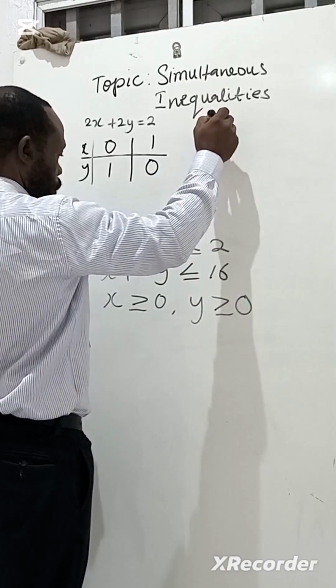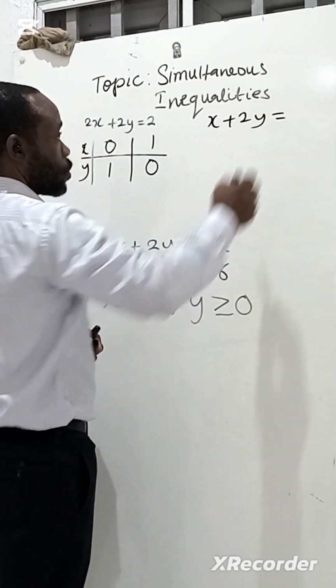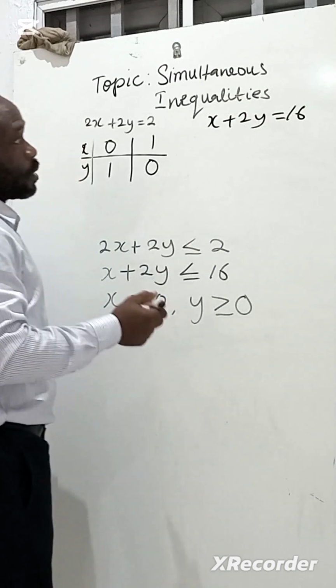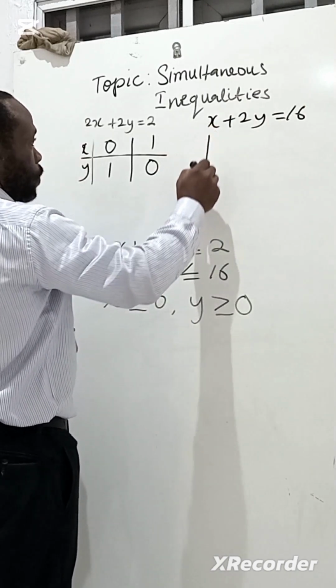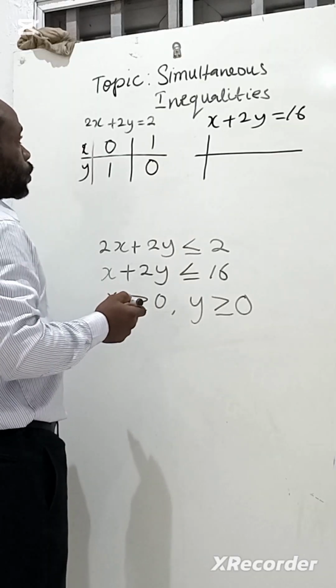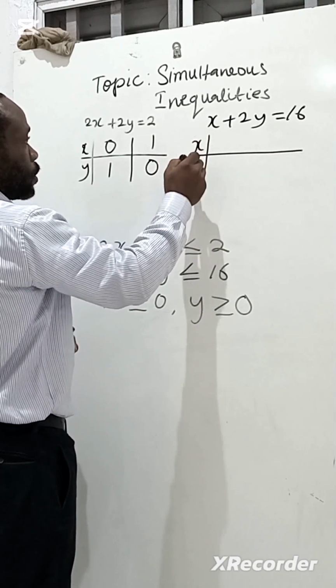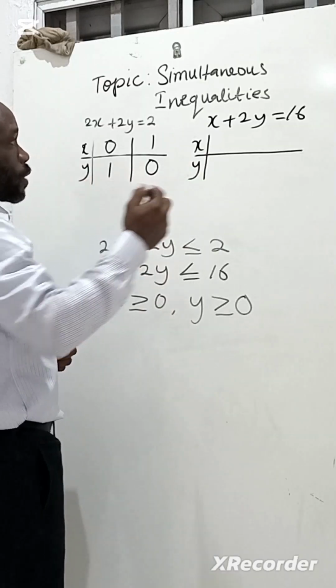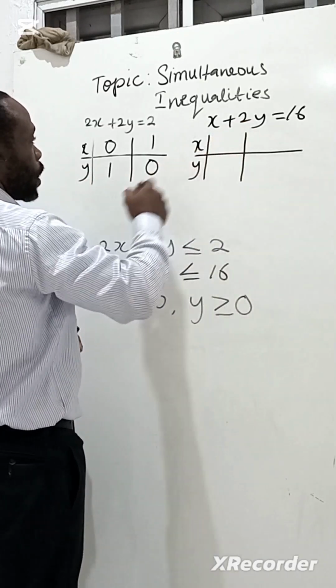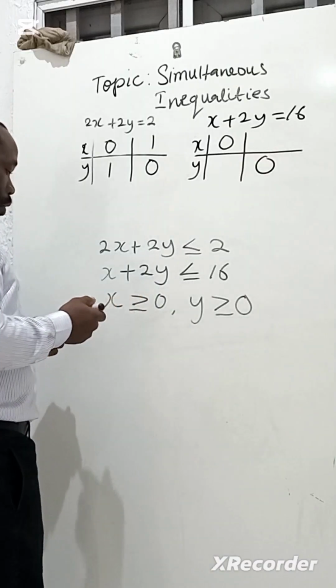For the second equation, x plus 2y is equal to 16, I'll convert it as well into a linear equation. I'm going to take two values again for x and y: the point where x is equal to 0 and the point where y is equal to 0.